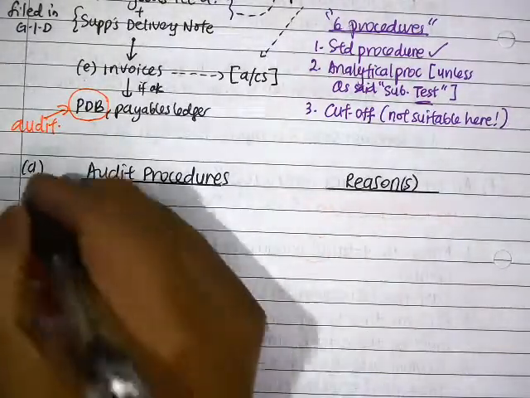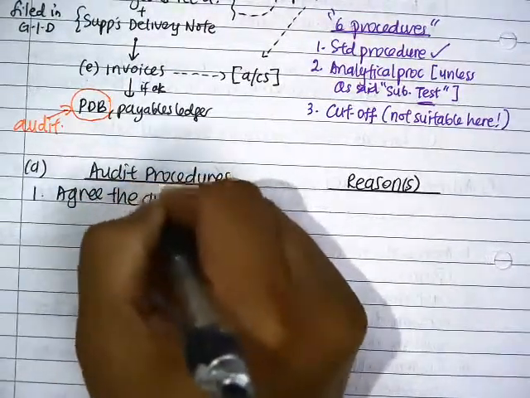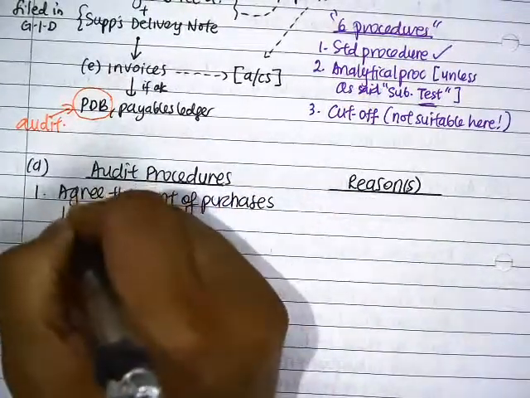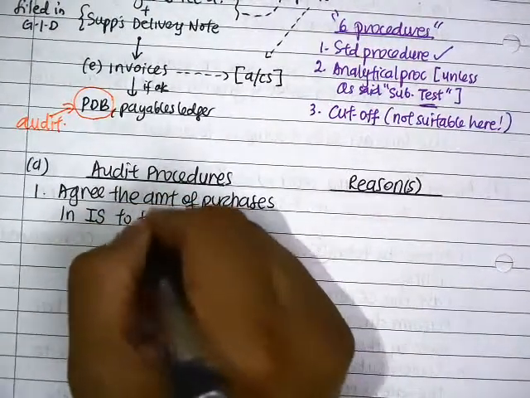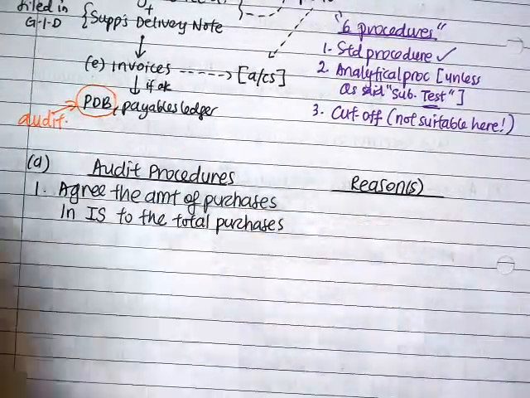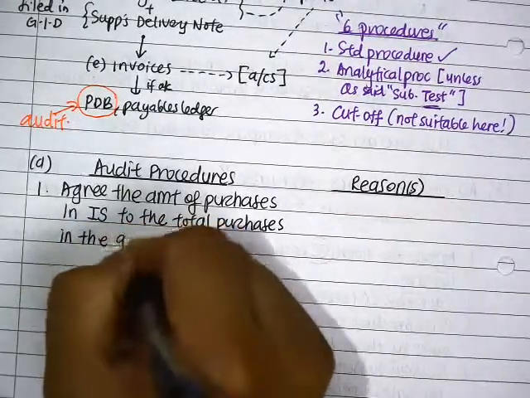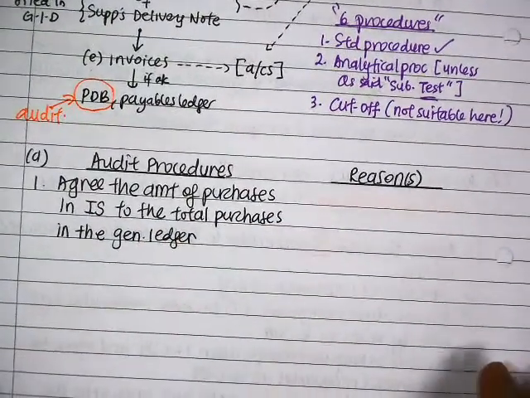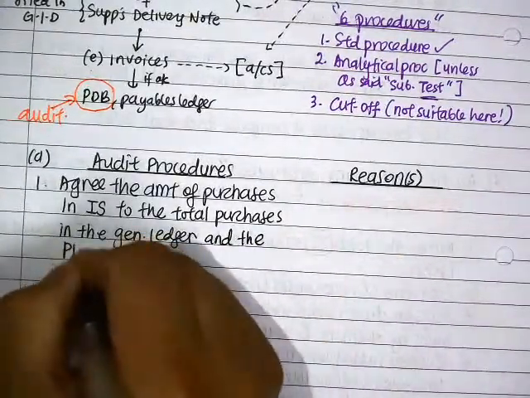So my standard procedure, number one: I should agree the amount of purchases in the income statement to the total purchases in the general ledger and the purchases daybook.